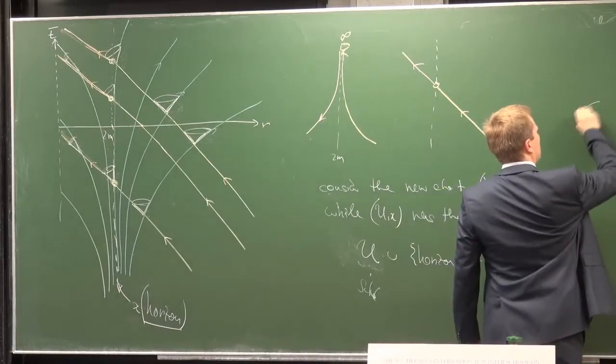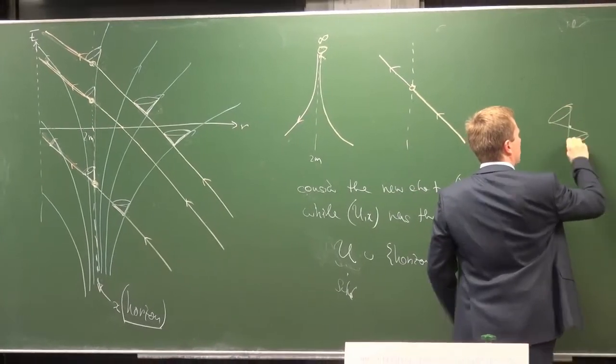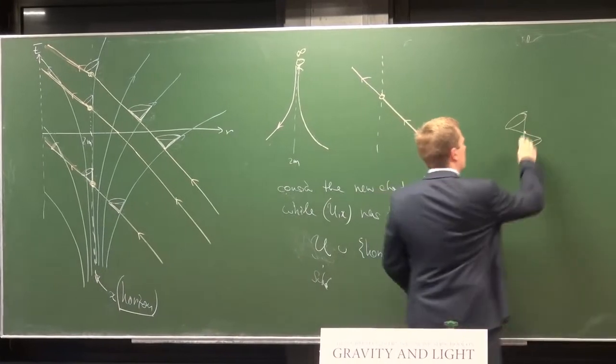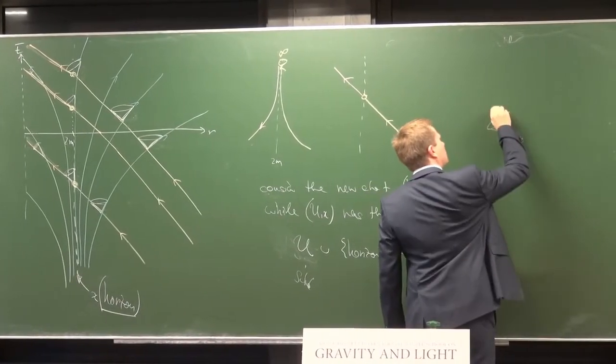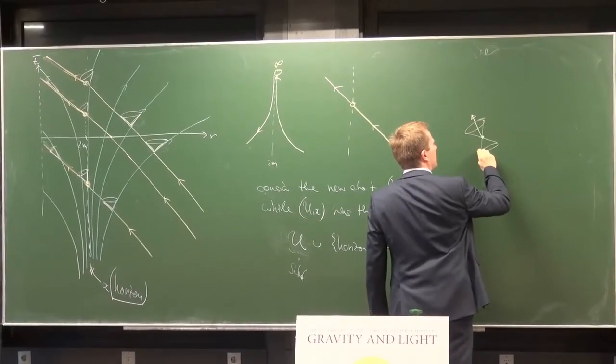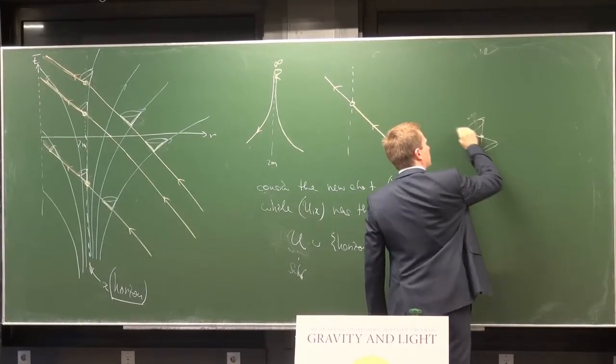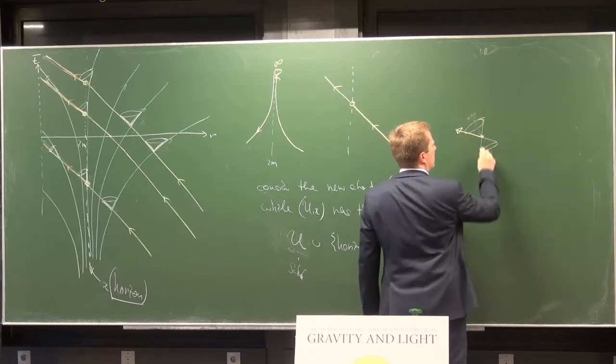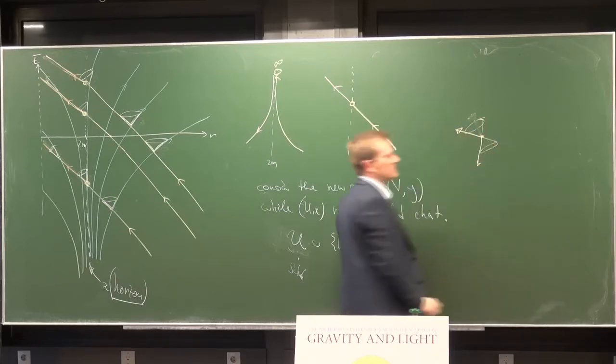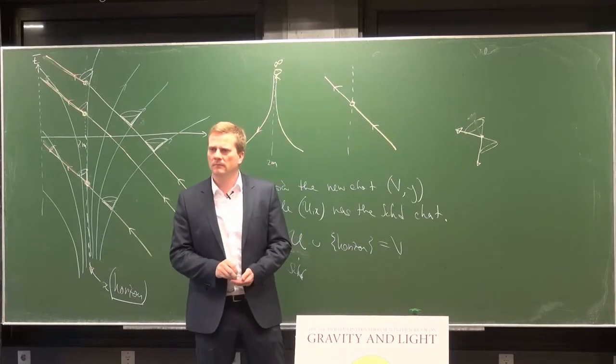If you're at a point and the g defines the double cone, and a vector standing inside here is as much null as this vector is. They're both null.